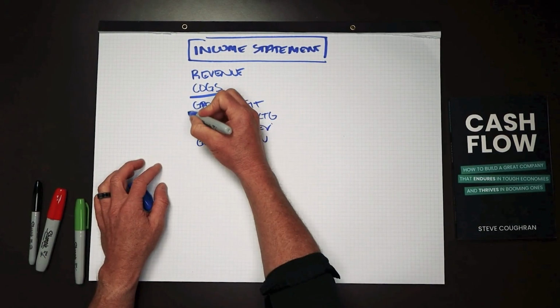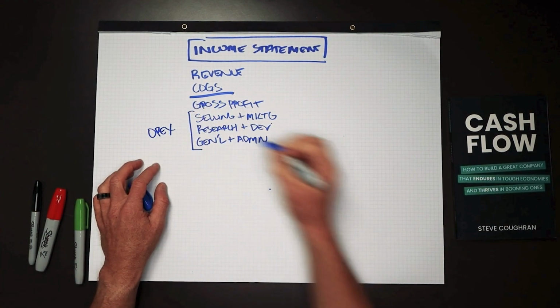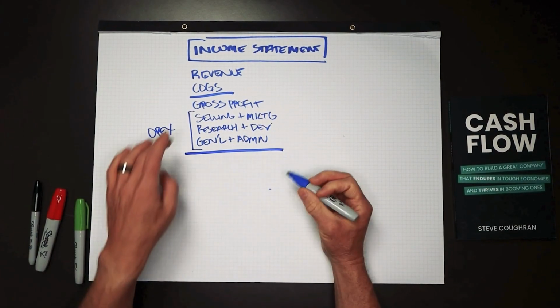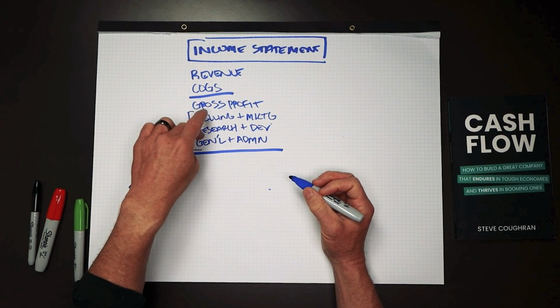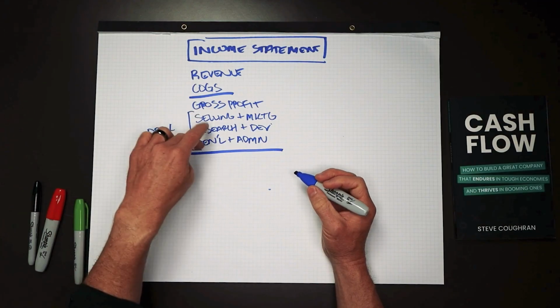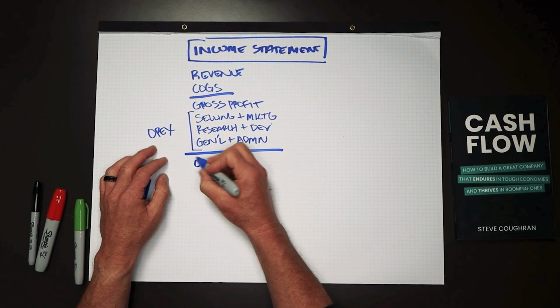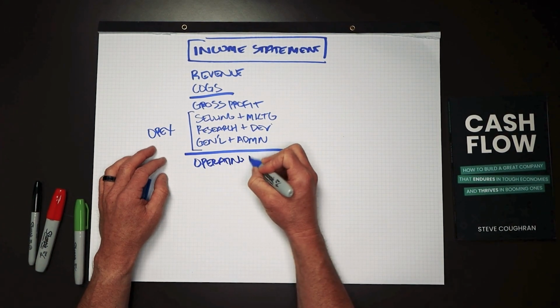All right, so these three categories make up your OPEX, your operating expenses. If we take gross profit minus selling and marketing expenses, minus research and development costs, and general and administrative costs as well, we arrive at operating profit.